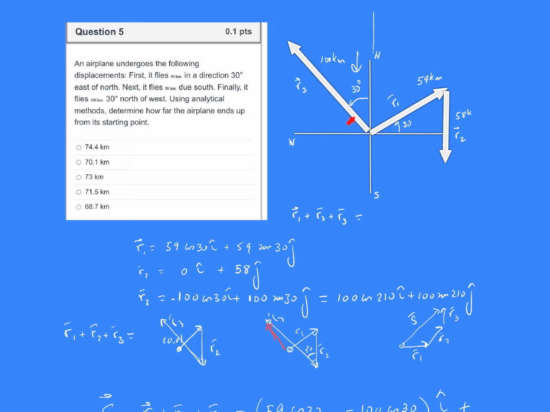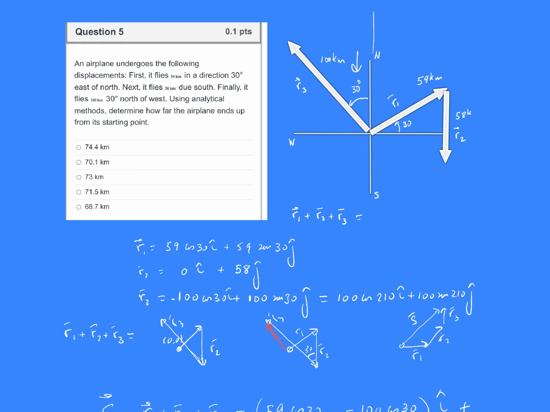I didn't draw R3 correctly. I should have drawn R3 from here, 100 kilometers in the 30 degree direction, this 30 degree direction, or this 30 degree direction. In this direction, let's make the picture, to make it clear.